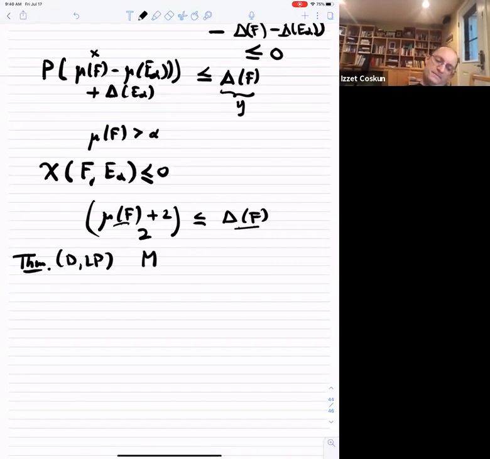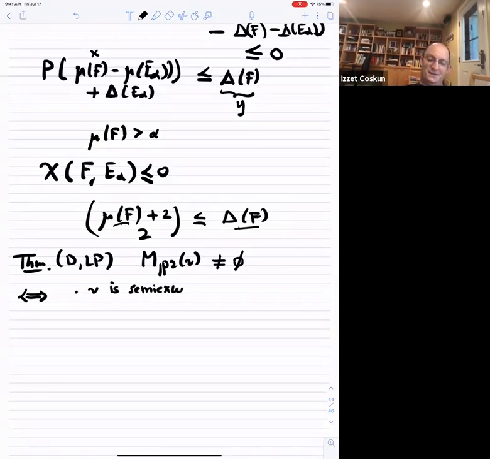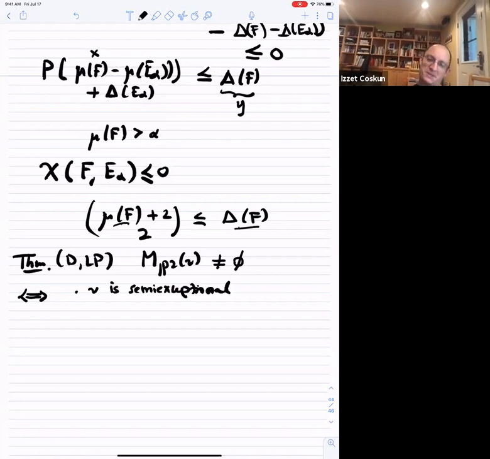M P2 of V is non-empty if and only if either V is exceptional, or V is semi-exceptional, which means that it's a multiple of an exceptional character, or V lies on or above the Dreze-Potier curve.